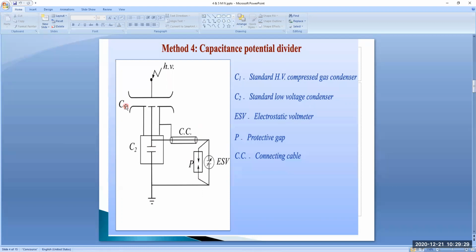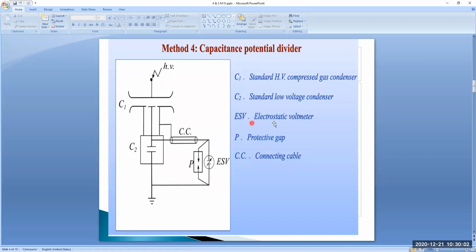C1 can offer very high voltages, since a number of capacitors are connected in series now. Here C2 is called the standard low voltage condenser, and this is called the electrostatic voltmeter. You know well, what is the purpose of the electrostatic voltmeter? You already studied it in measurements, in the first unit: MI, PMMC, and ESV, the electrostatic voltmeter.